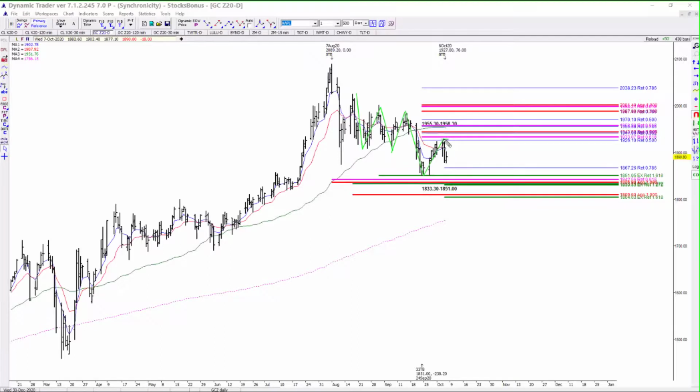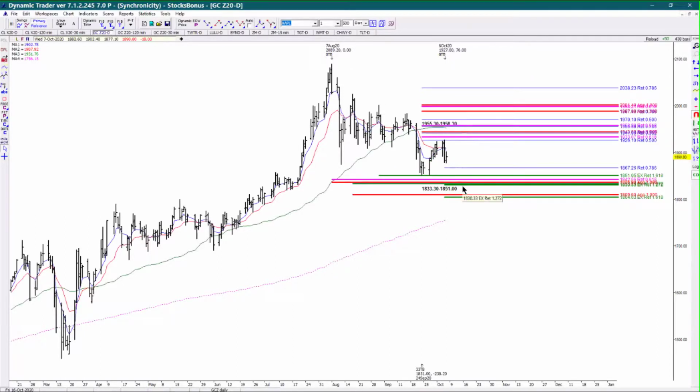And that's what we're getting right here, right now. But typically, if I was just looking at this by itself and said, okay, this is a sell setup, I would anticipate a 1.272 extension as my downside target down at this 1830 area.